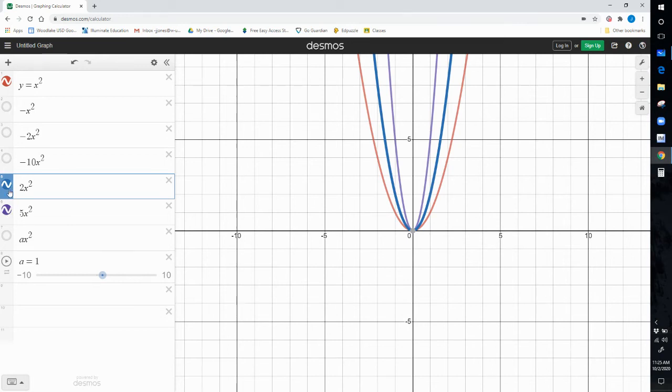Ooh, the 5 is even skinnier than the 2. So it looks like the bigger the number we choose, the skinnier the graph's going to look. Let's check out what happens if we use negatives and positives, and also all the way up to 10. So here we go. Check this out, the slider. Watch the slider move.